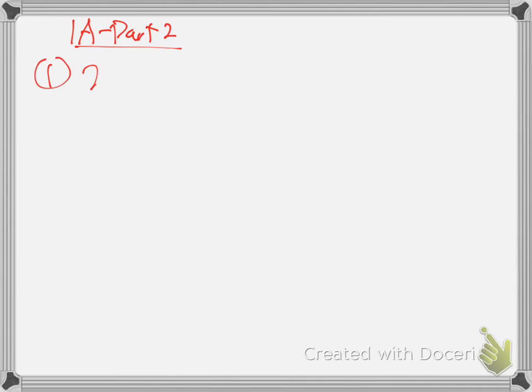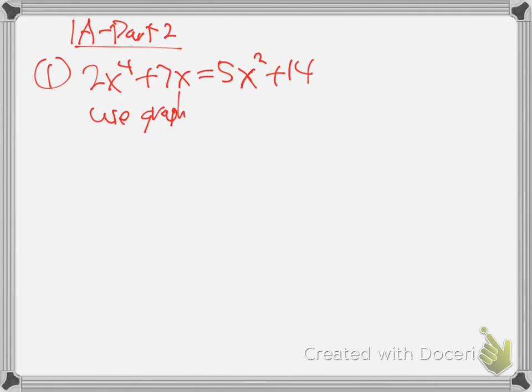We're looking at 2x to the 4th plus 7x equals 5x squared plus 14. It says use graphing utility. All right. What are we supposed to do when it says use graphing utility?